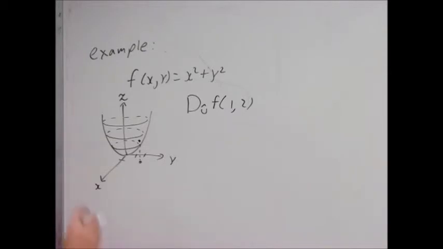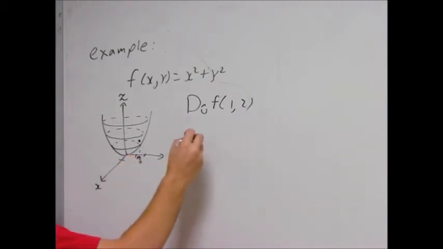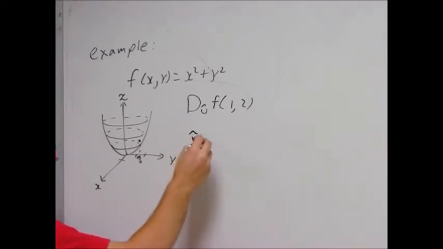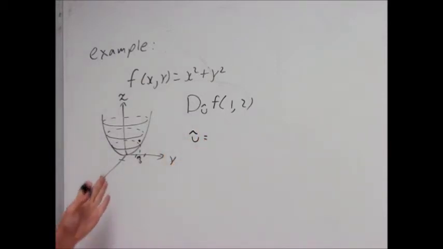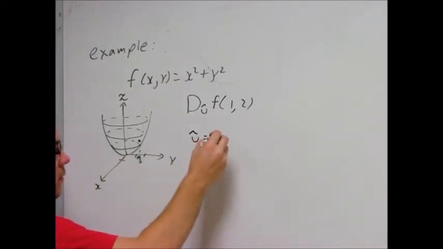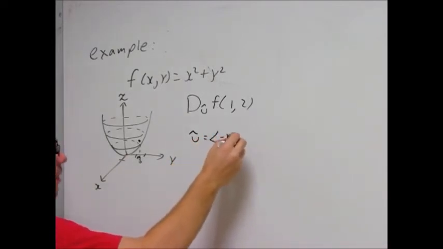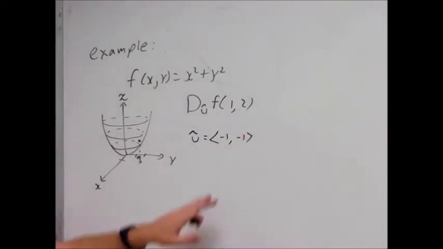And so the derivative, let's say we want to find it in the direction of, I don't know, let's say u is going to be the direction of (-1, -1), but this is not exactly the unit vector. We have to scale it down.